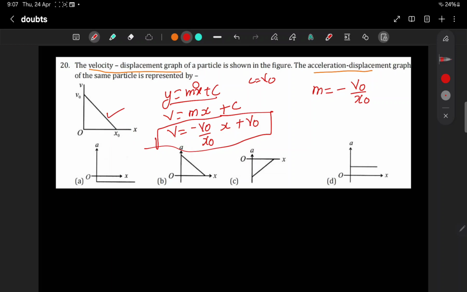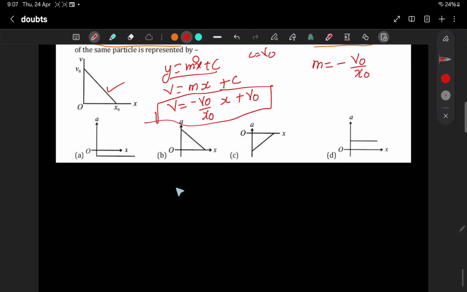Now we have to find the acceleration equation with respect to x. So here actually I have to find dv by dx, correct? But here I have to do some small thing. For explaining, I'll do one small thing. We know acceleration is always dv by dt.